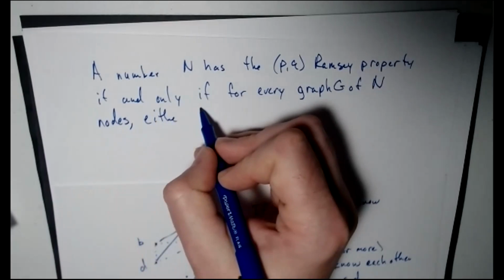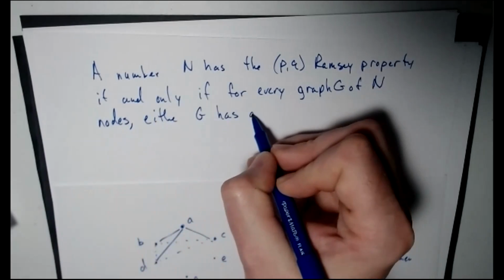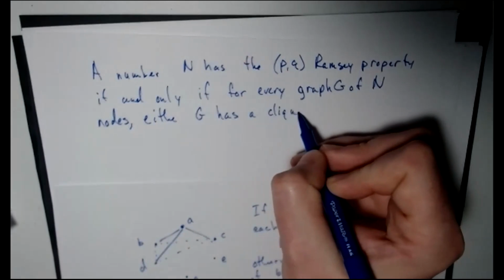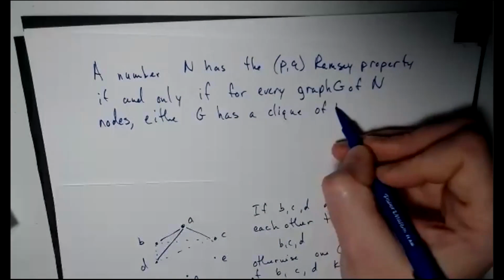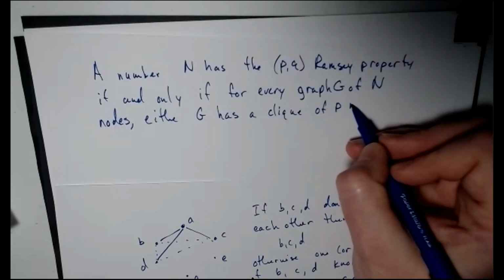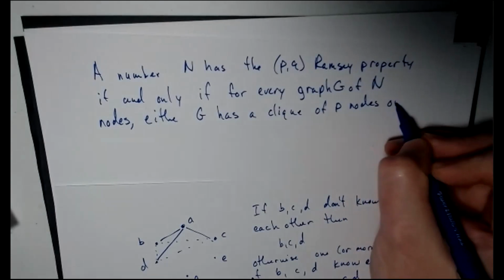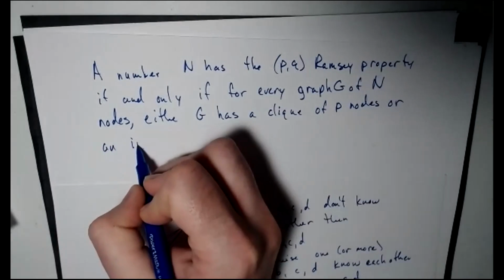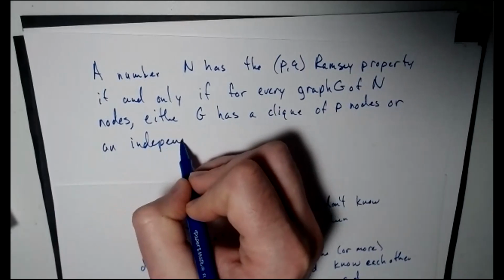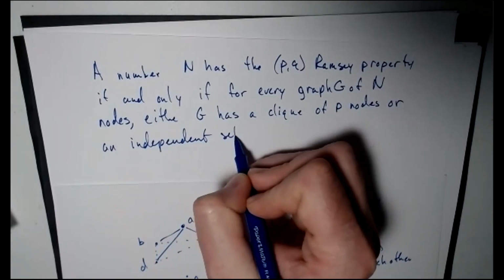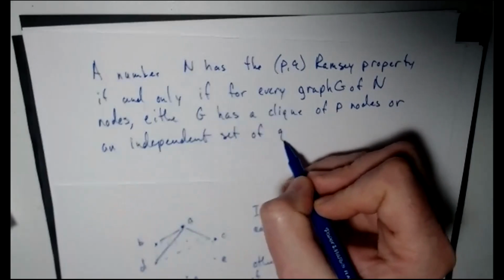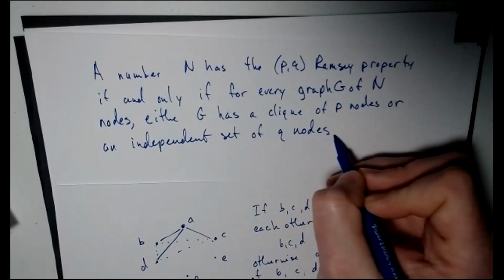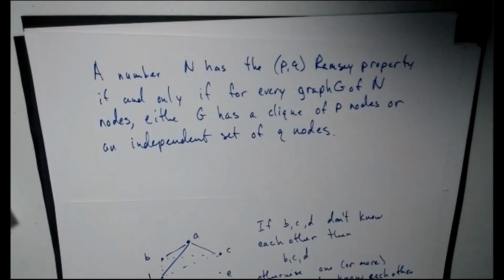either G has a clique of P nodes or an independent set of Q nodes. So P and Q could be different numbers.